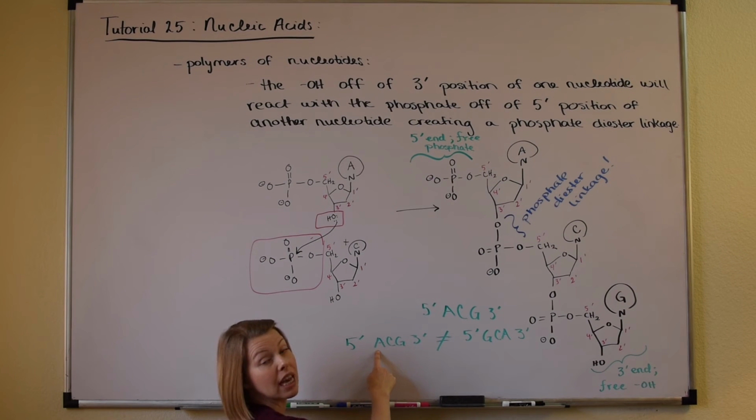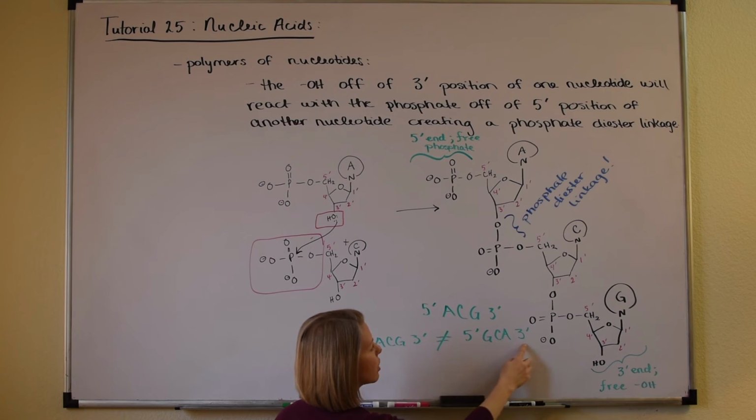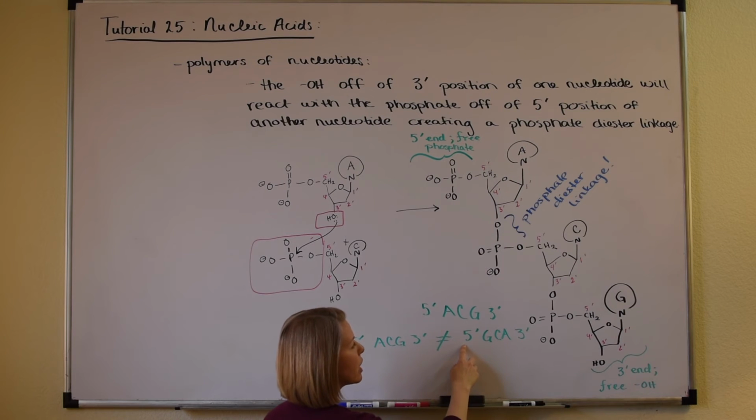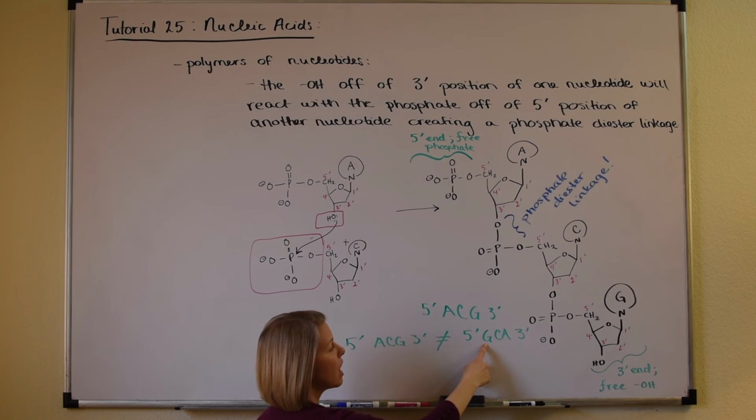component, the adenosine, I should say, the deoxyadenosine nucleotide. We can see in the second polynucleotide that the 5' phosphate group is not off of the deoxyadenosine nucleotide, but rather it's off of the deoxyguanosine nucleotide.